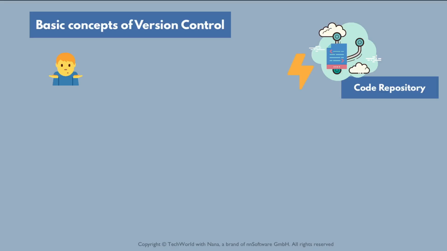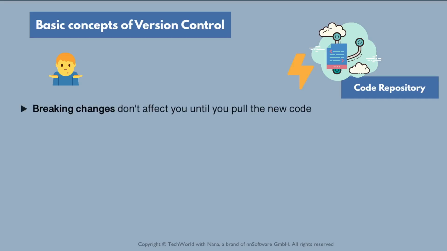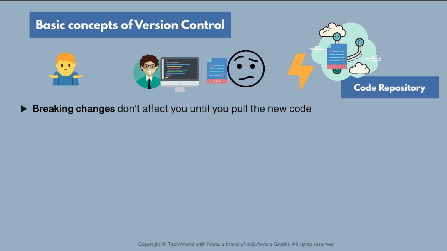First of all, when someone pushes their breaking changes to the repository, it doesn't affect you until you pull these changes from the remote repository, because you are working with your local copy of that repository. But once you pull those changes, you have the breaking changes too.